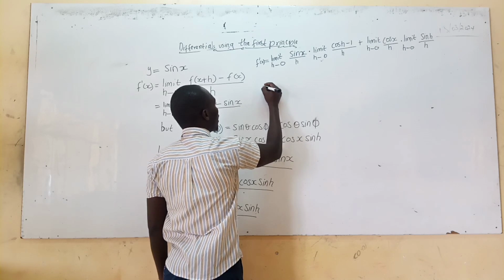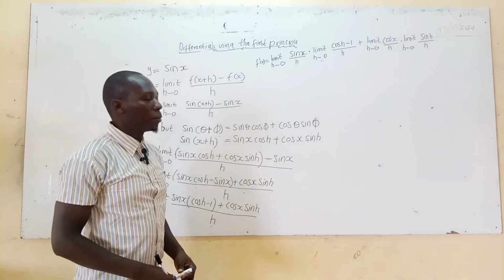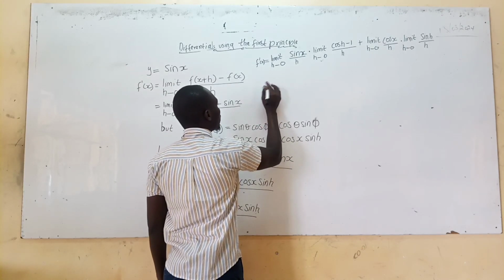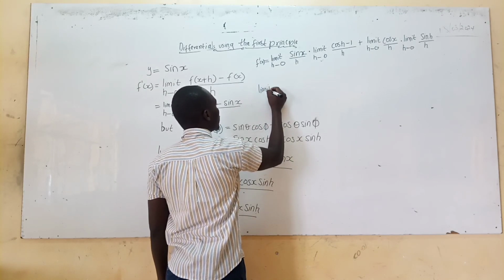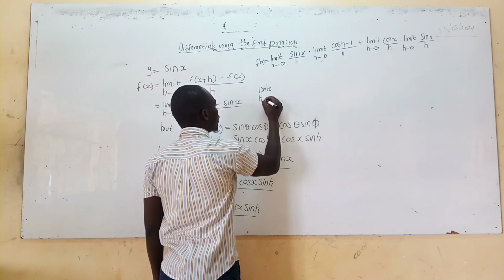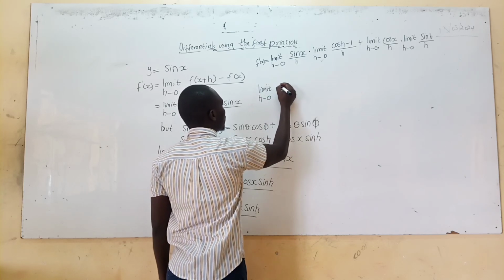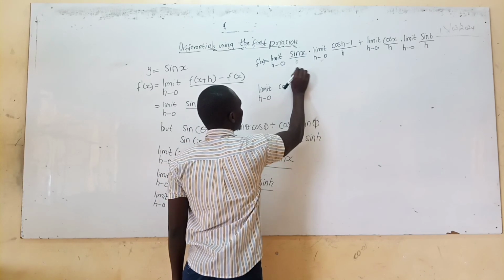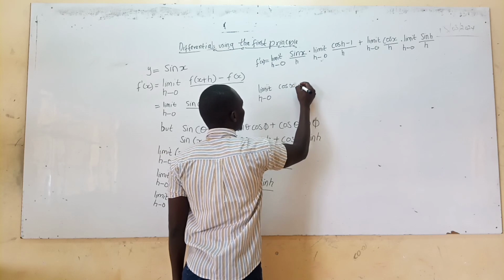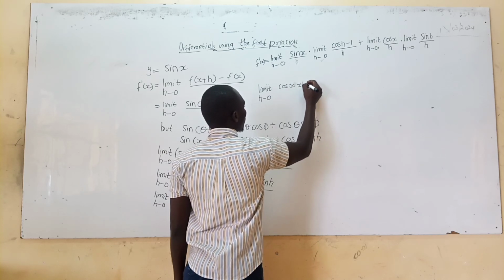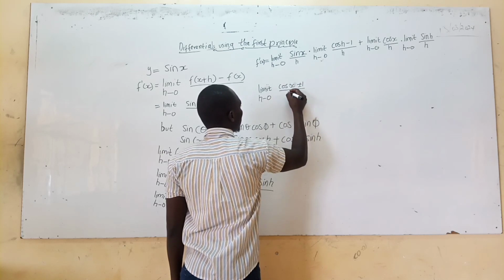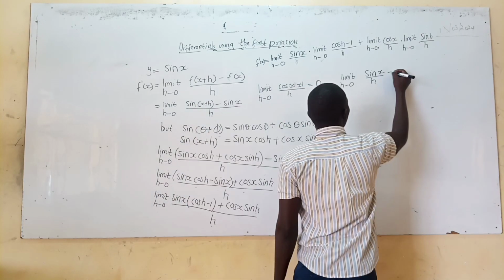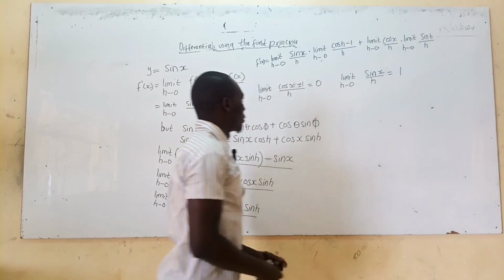After this step, in our last step, we are going to say that the limit as h approaches 0 of cos h minus 1 all over a term of h is always equal to 0. This one, sine h over h, is equal to 1.